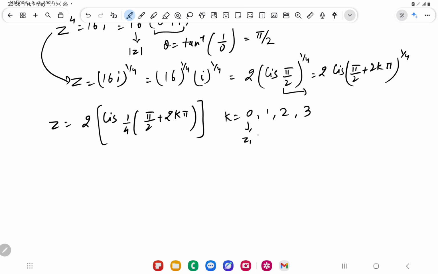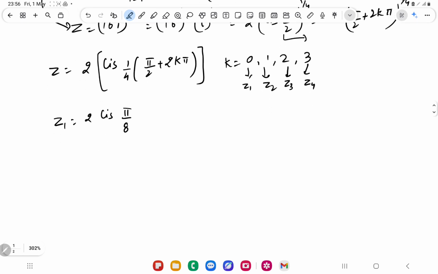This will give me z1, z2, z3 and z4. So from this I can find all the roots. My z1 will be, replacing k as 0, 2 cis pi by 8. You can write it in cos and sine form also, and on paper you should write it in cos and sine form.